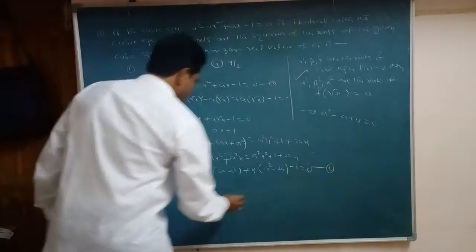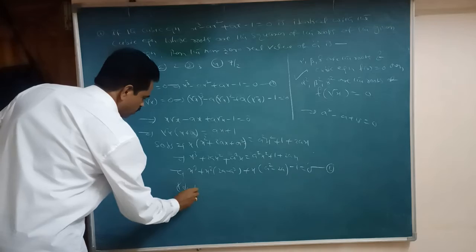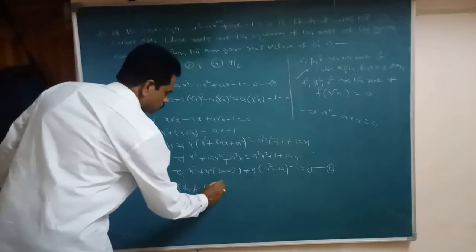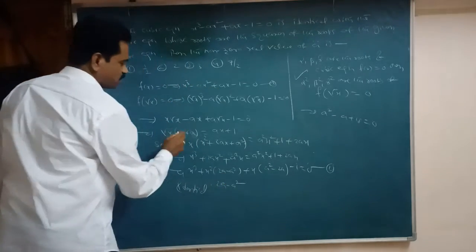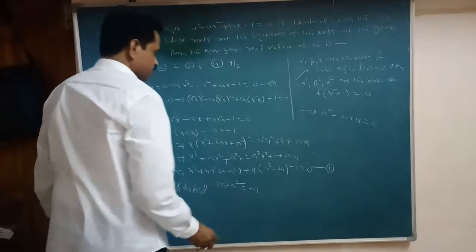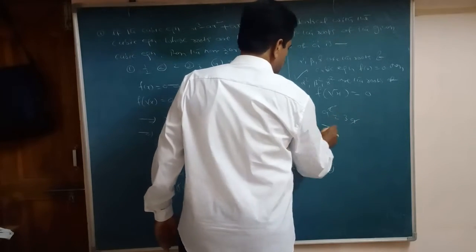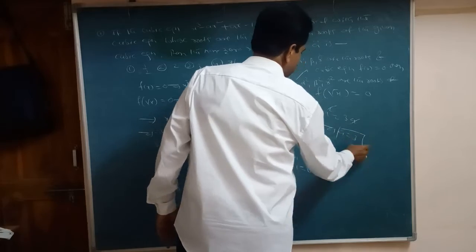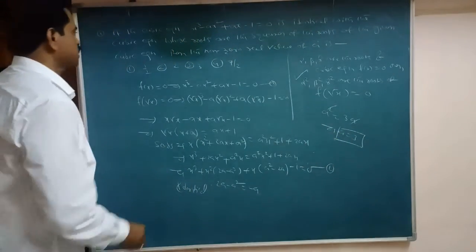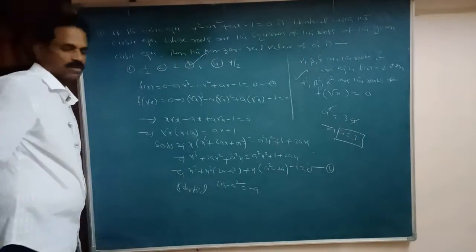So 1 and 2 are identical. So 2a minus a square equal to how much here? Minus a. So that implies a square equal to 3a. A square equal to 3a, a cancel. Then a is how much here? 3. Which option is correct here? Third option.